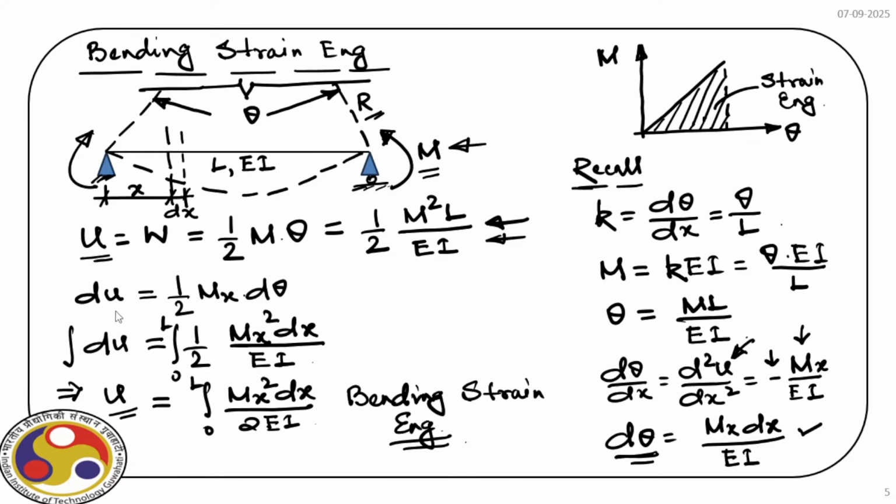Now the next case is the shear deformation. In case of shear deformation, we'll have shear strain energy. For that, let us consider a small section, a small area of size delta x and delta y. Under the action of shear, it undergoes shear deformation, that is delta gamma.